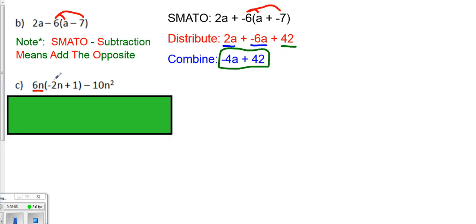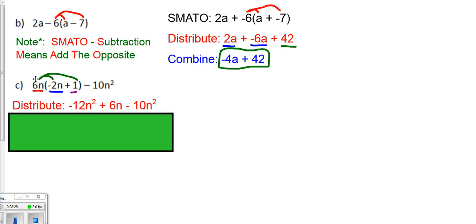That whole piece needs to get multiplied by each of these pieces. And remember, each term is separated by the plus or the minus sign. So, here we have a term, negative 2n. And here we have a term, 1. And we need to distribute this 6n to each one of those, not just one, but each piece.